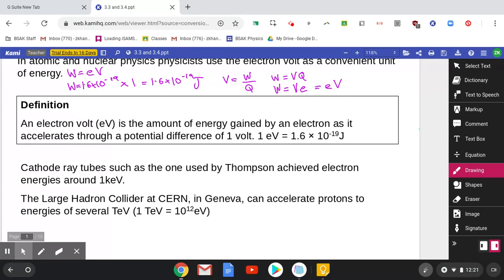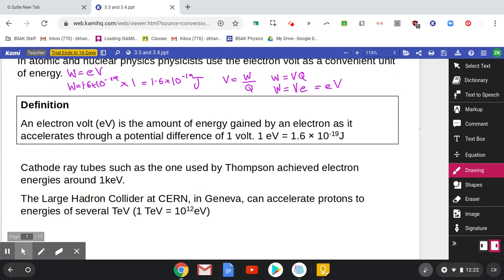So what we've got as an example here is cathode ray tubes, such as the one used by Thomson, achieved electron energies around about 1 kilo electron volt. The LHC, the particle accelerator in Geneva, can accelerate protons, charge carriers, to energies in terms of tera electron volts. So this is 1900s, more than 100 years ago, and this is now more recent.